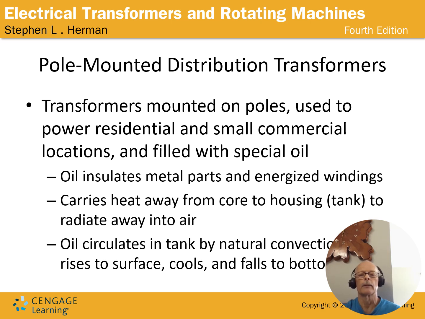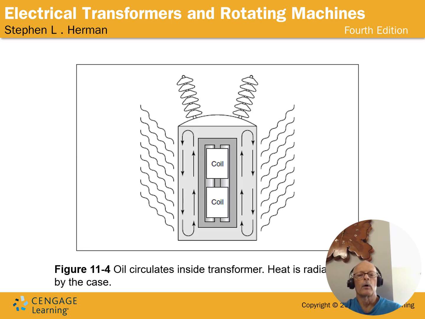It insulates the metal parts and the energized windings. It carries heat away from the core to the housing, radiated away into the air, and then it circulates back around. You can see it here. You've got the transformer and the coils, and they're creating heat, and the heat is in the coils and the shell around it, right?